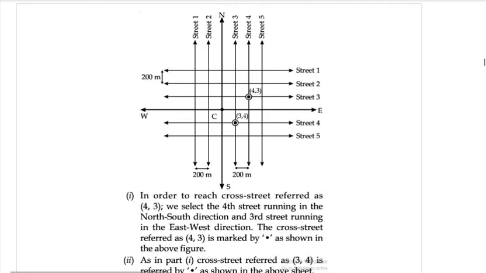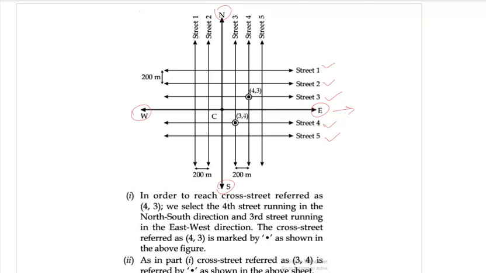Okay, now see, this is the answer. You see this, let me show you. This is the east-west street running from the middle of the city. This is the north-south street running from the middle of the city. Both are perpendicular to each other. Now there are 5 streets, 1, 2, 3, 4, 5, parallel to the east-west street, right?